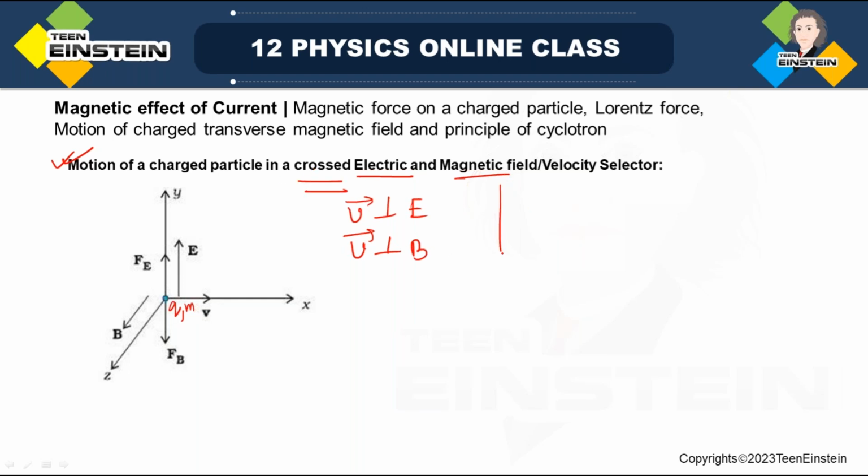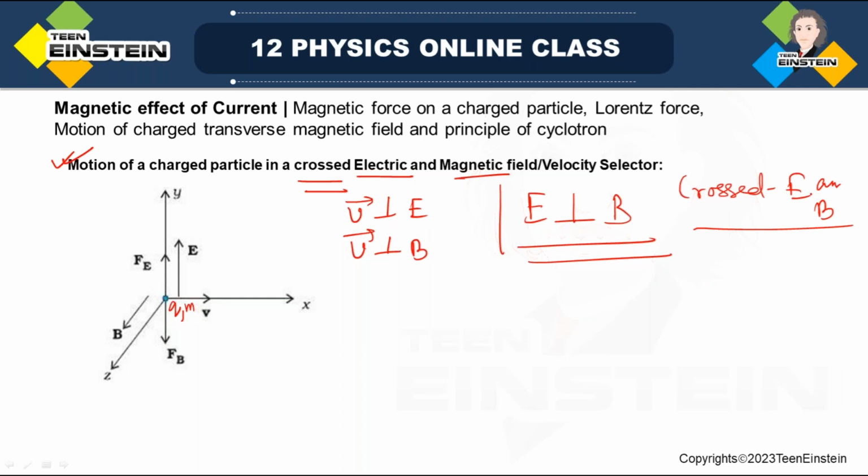And also one more point you need to note here, that E and B both are also perpendicular. So when we have electric and magnetic field perpendicular to each other, we say that as crossed electric and magnetic field.